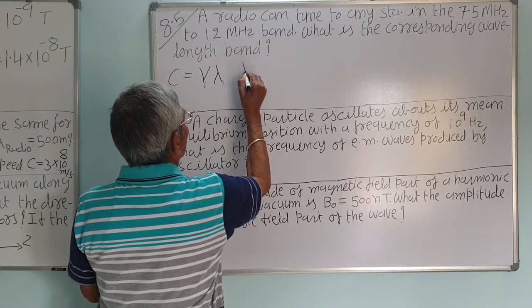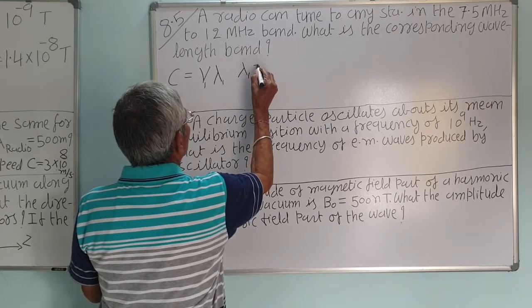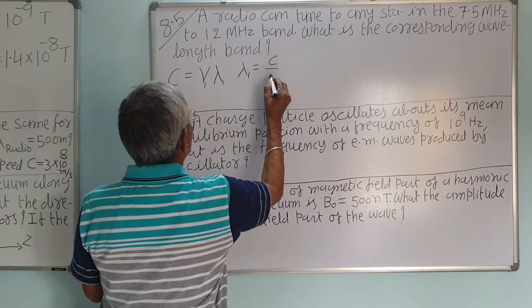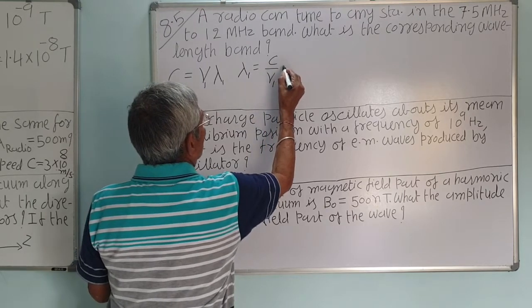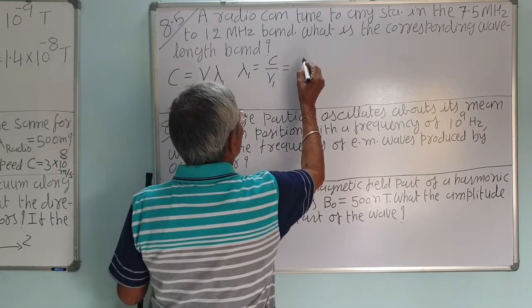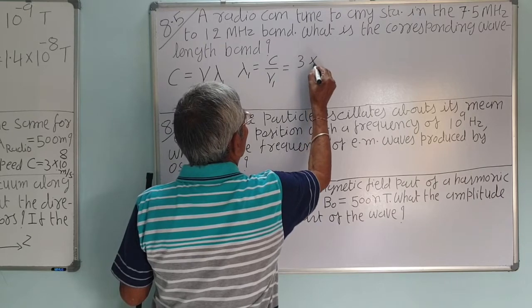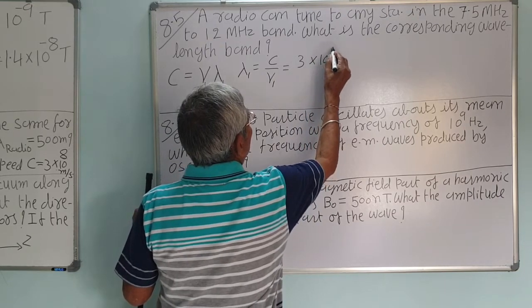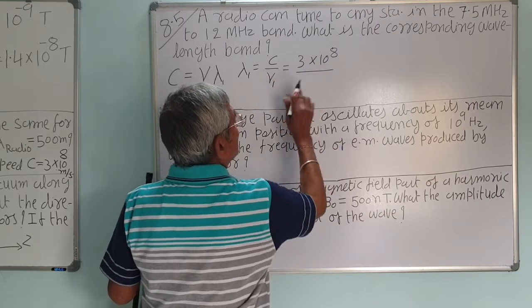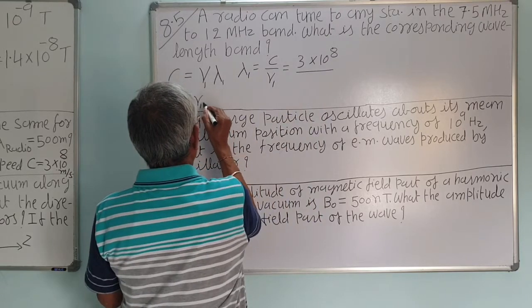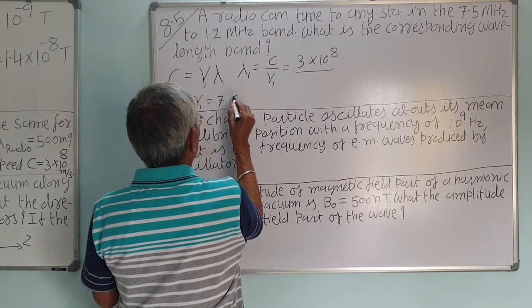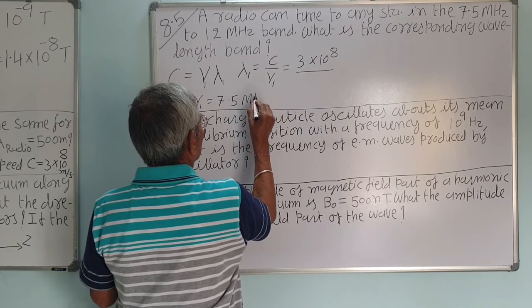Lambda 1 is equal to c upon nu 1, that is 3 into 10 raised to 8 upon nu 1, where nu 1 is 7.5 megahertz.